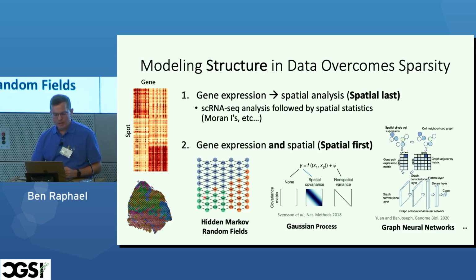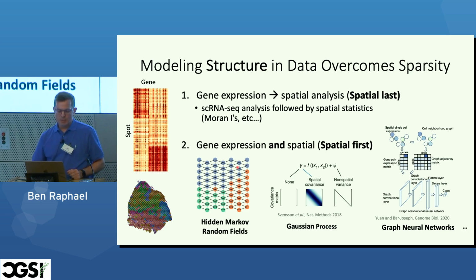So for example, we tend to think, and it seems to be true in most tissues, that the gene expression is not random. The distribution of cell types is not random. So for example, cells of different type tend to be near each other, or genes tend to have coherent spatial expression patterns.